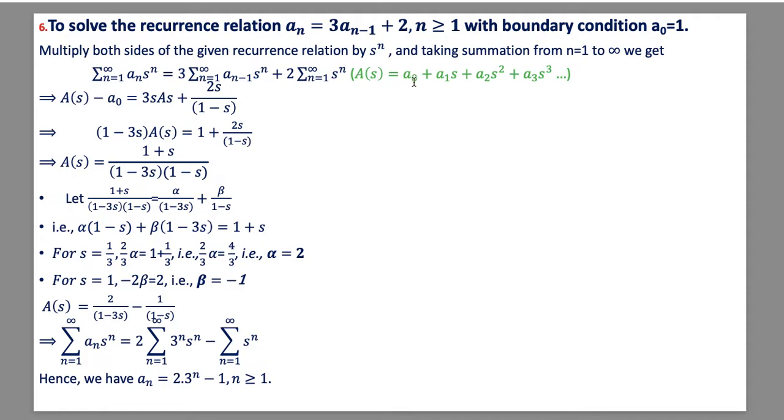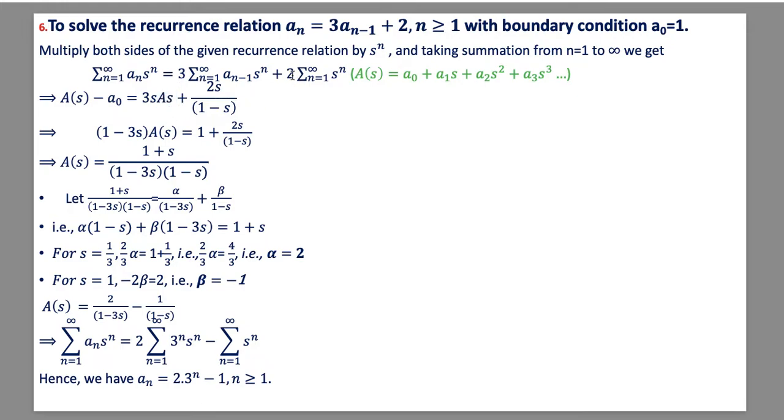But here we have a naught, not a naught s. So take s common. If you take s common, we are left with a naught plus a1 s plus a2 s square and so on. So inside we have A(s). The bracket is a typing mistake, it should be A, then s is inside the bracket.